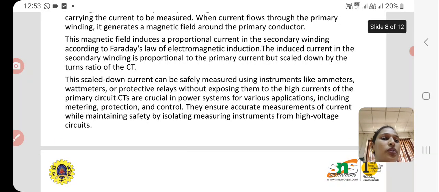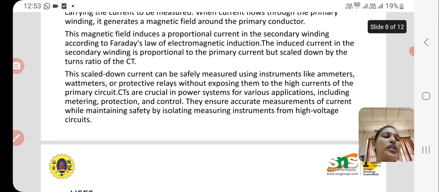CTs are crucial in power systems for various applications, because without current transformers we cannot measure the actual power carried in each conductor. They ensure accurate measurement of current while maintaining safety by isolating measuring instruments from high voltage circuits.